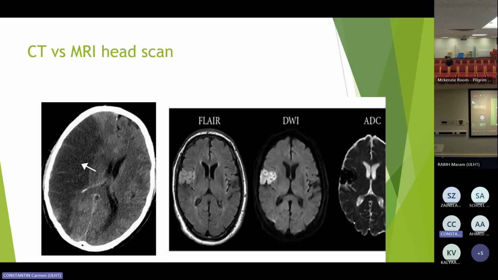So what I wanted to outline here is, for example, the difference between the CT and MRI. On the left-hand side of the screen with the arrow, you have a CT image, and you can see that this is the whole right hemisphere. So this is the right middle cerebral artery territory hypodensity, which is actually a huge infarct.